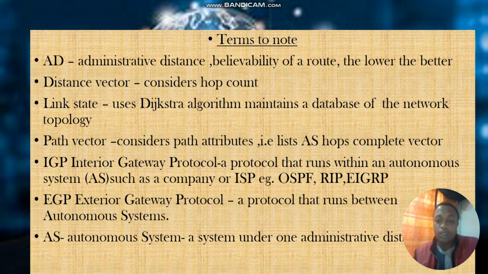Now, we have a few terms to note when it comes to routing protocols. We have to understand what we mean by administrative distance, which is denoted by AD, and this is basically the believability of a route. We have just said that a static route is very believable, and by default a static route will have an administrative distance of 1, and the lower the better.